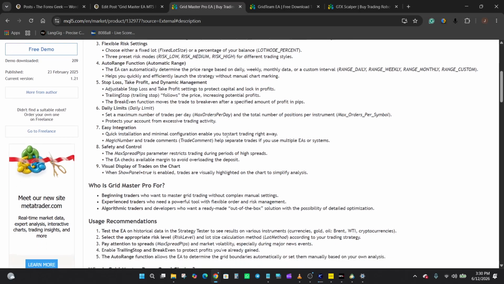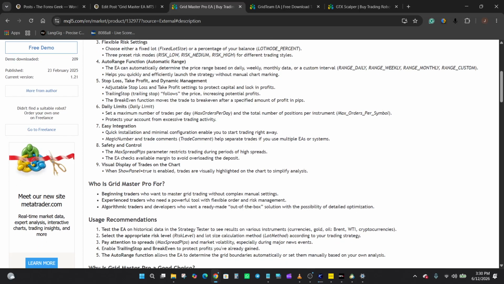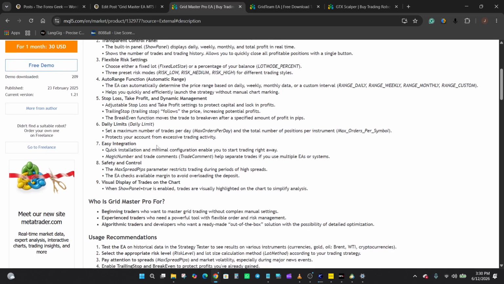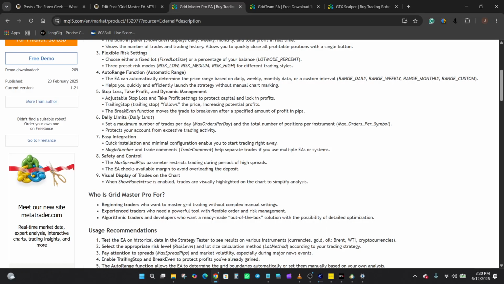The marketplace description also highlights traditional trade management tools such as stop loss, take profit, trailing stop, and break-even functionality. These settings allow traders to customize how positions are managed once they are active and how profits are protected as market conditions change.